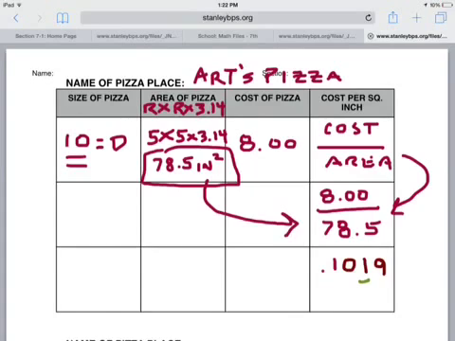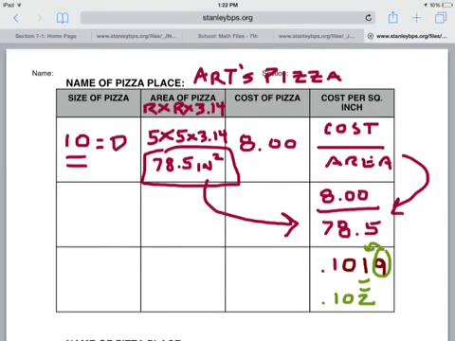That means I am rounding to this 1. And in order to round there, I need to take a look at this number and ask myself if it's going to change the 1, and it is, since it's 5 or greater. So the answer to this problem is going to be 0.102.